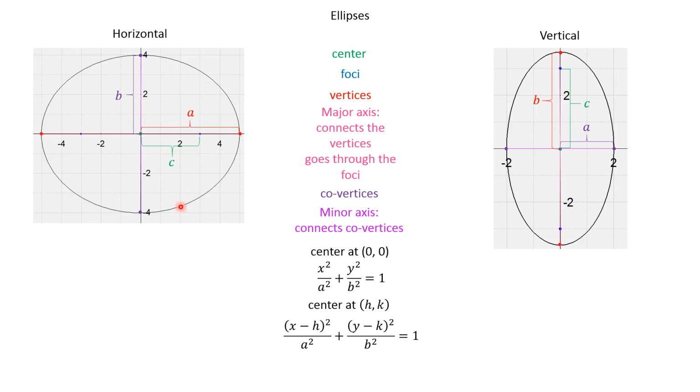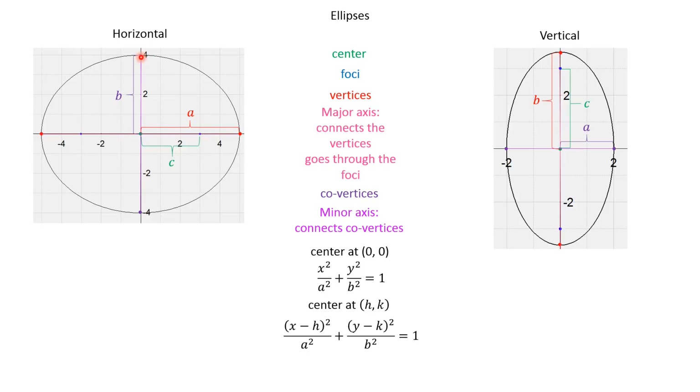So we use a and b. What about the c? How does the c come into it? Because it's not here. Well, c actually comes from the Pythagorean theorem. I mentioned that the distance from the focus to a point, that constant, is going to be 2 times a.